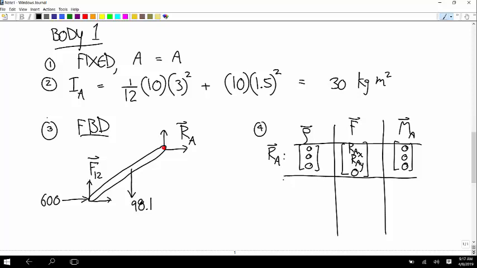And then the weight force, the rho vector there is, so this is 60 degrees. What's 1.5 times 0.866? Can someone calculate that? Okay, so 0.433 plus 0.866.